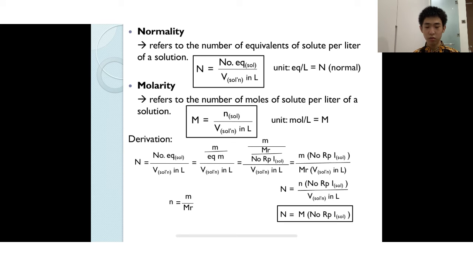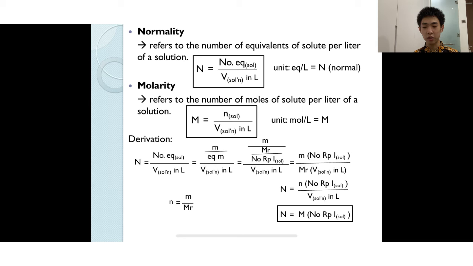So normality can be calculated using molarity, and here is the derivation. Normality equals number of equivalents per volume of solution.